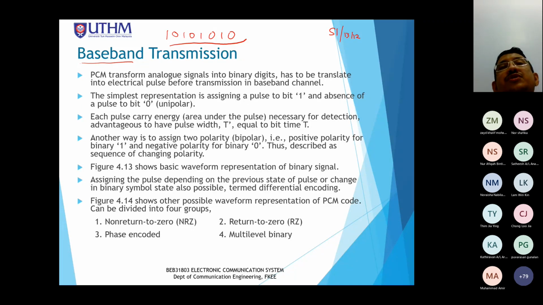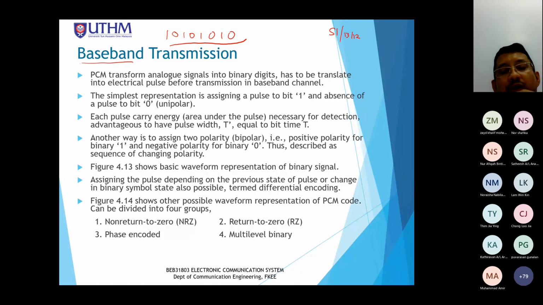We just use the encoding process. Normally we use baseband transmission for wired transmission, through the wired medium.